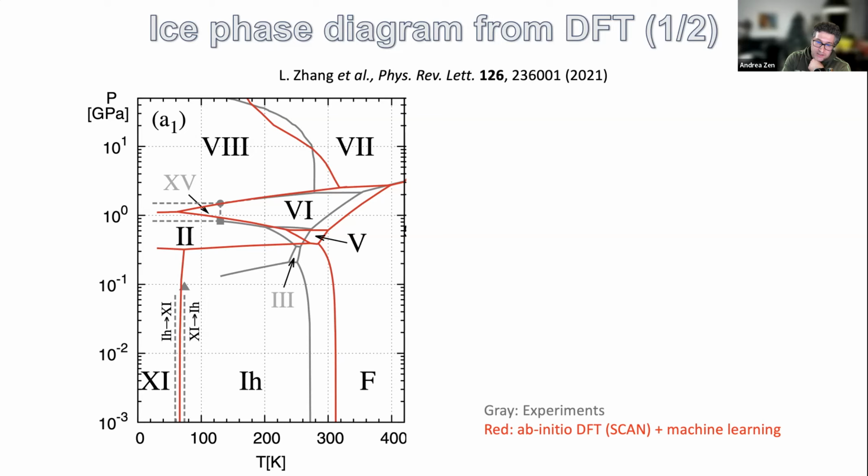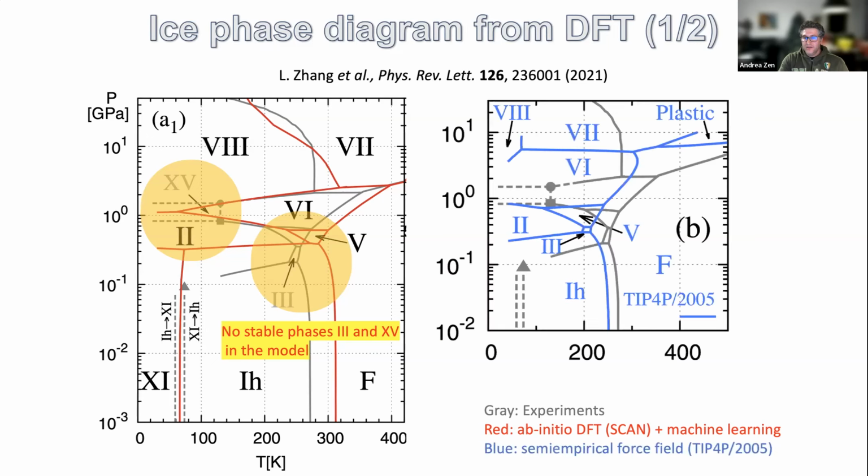We see that there is a qualitatively quite reasonable agreement, although the phase transitions are not happening at the same temperatures and pressures. The main issue that we can observe is that some phases are missing. In particular, phase 3 is not observed at all.